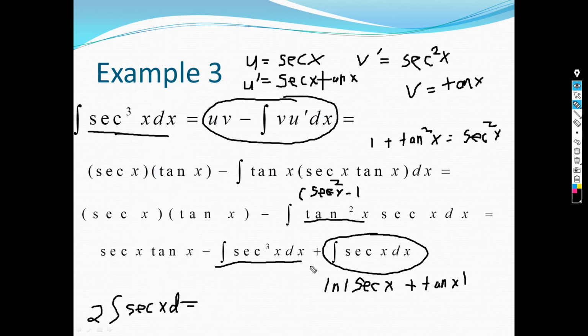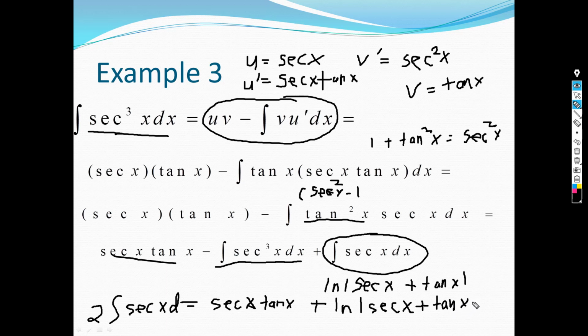So this will be secant of x tangent of x, from right here, and then I have plus ln absolute value of secant x plus tangent of x.